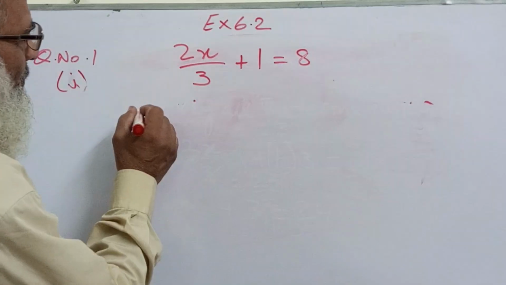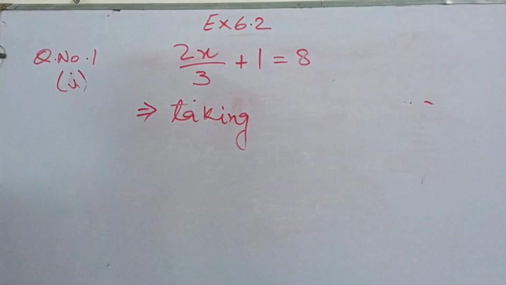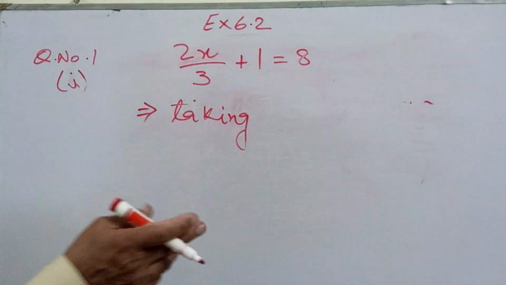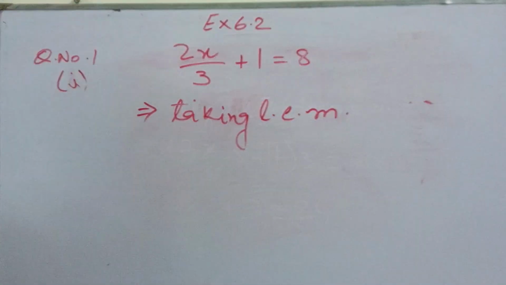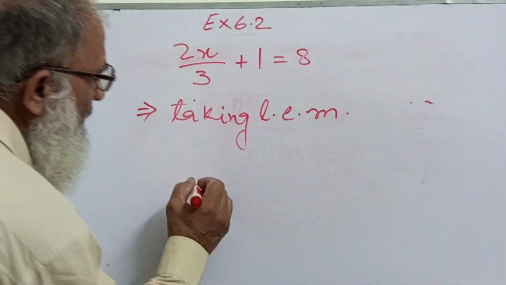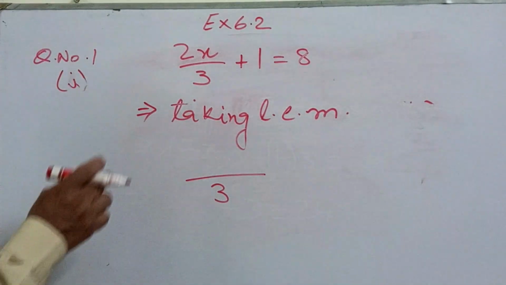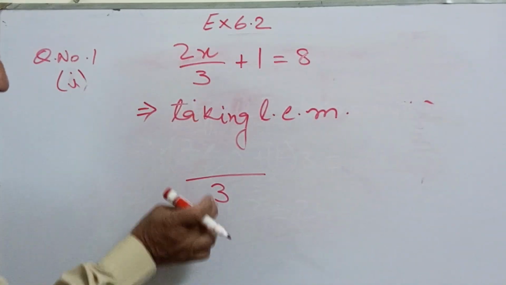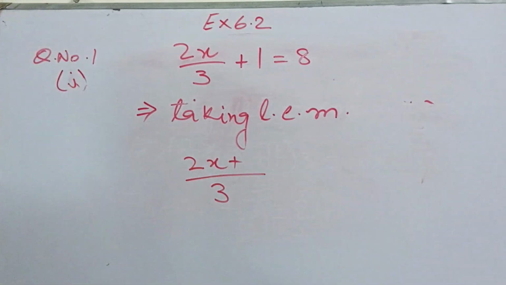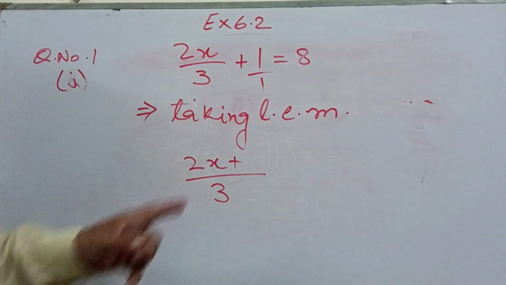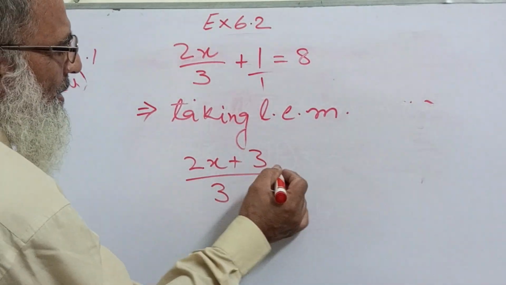And that is, for example, taking LCM. You can always write arguments. Now these little captions are called arguments. Taking LCM. Now what is the LCM here? It is 3. When you take the LCM of 3, this will remain the same because 3 1 times 3, and 1 2 times is 2x plus, now here it is 1 3 times and 3 1 times 3 is equal to 8.